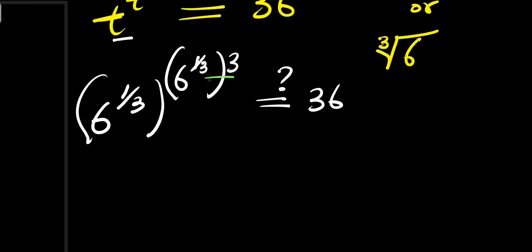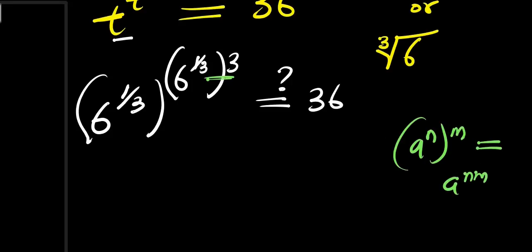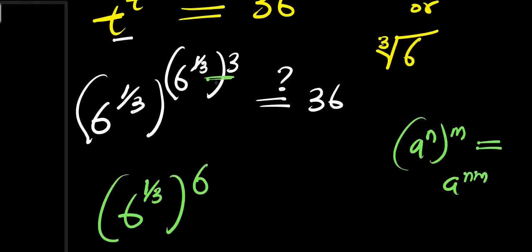Let's multiply this exponent based on this identity of a power n, to the power of m equals a power n times m. We multiply 1 over 3 by 3, so we are going to have 6 power 1 over 3 times 3, we are going to have 3 over 3, that is 1. And this equals 36?